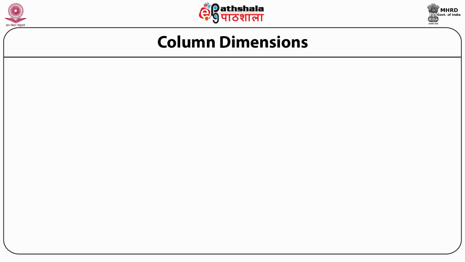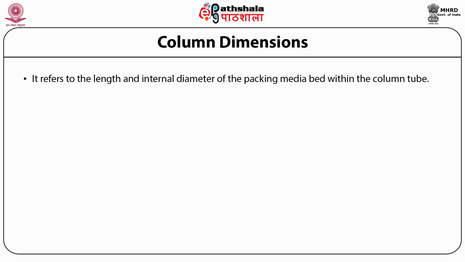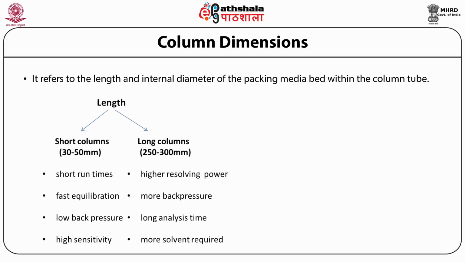Column dimensions. It refers to the length and internal diameter of the packing media bed within the column tube. On the basis of length, columns can be short columns ranging from 30 to 50 millimeters of length and long columns ranging from 250 to 300 millimeters of length.